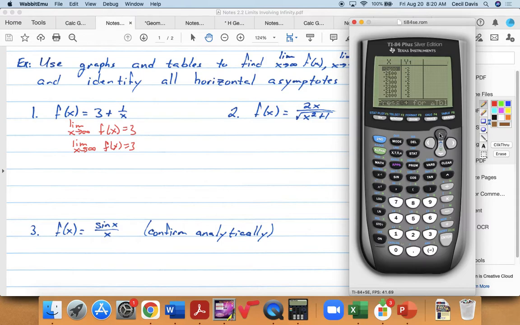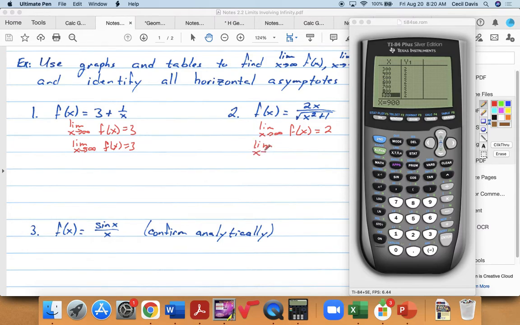Let's go the other way. Real quickly, it's looking like 2, isn't it? So the limit as x approaches infinity of f of x is positive 2, while the limit as x approaches negative infinity of f of x is negative 2.